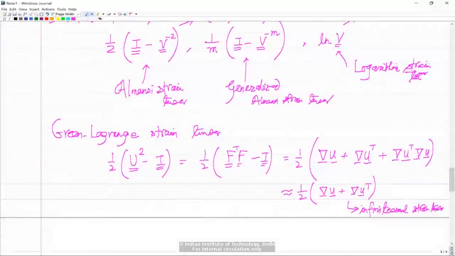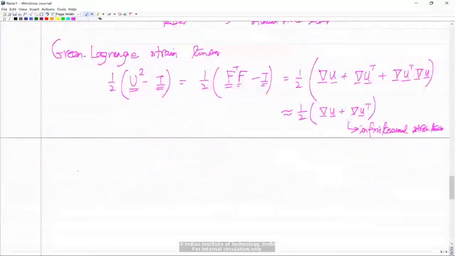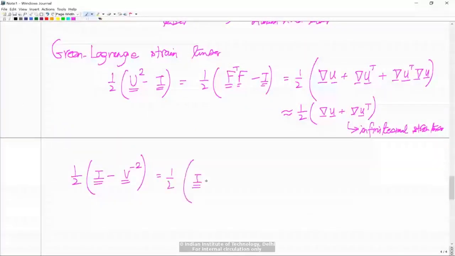Okay. Likewise, if you think of the Eulerian-Almansi strain tensor, that's half of I minus V inverse squared. So that's the same as half of I minus V squared, and take the inverse. So V squared is F F transpose, so this becomes half of identity minus F F transpose, and then you take the inverse of it.